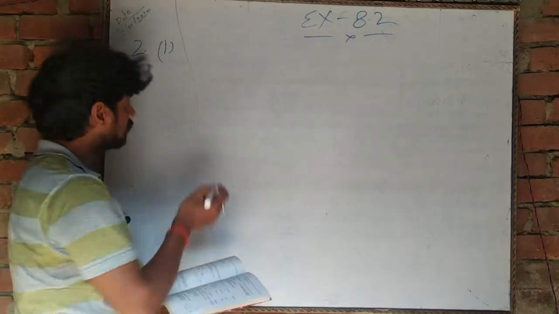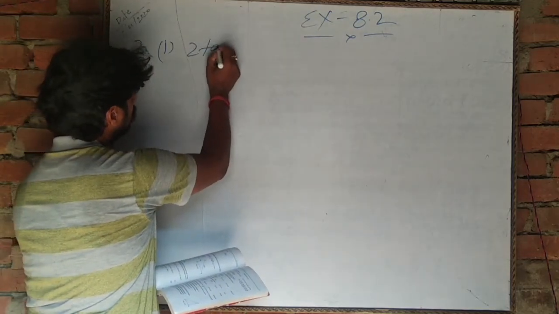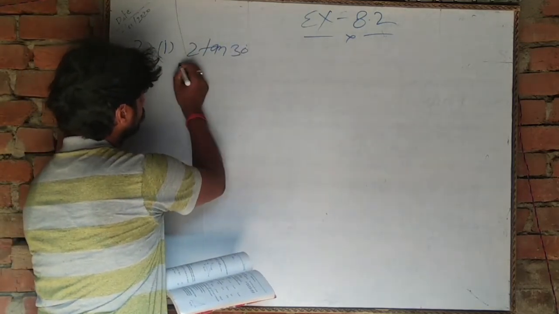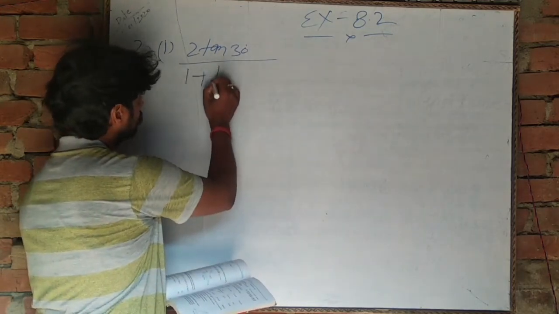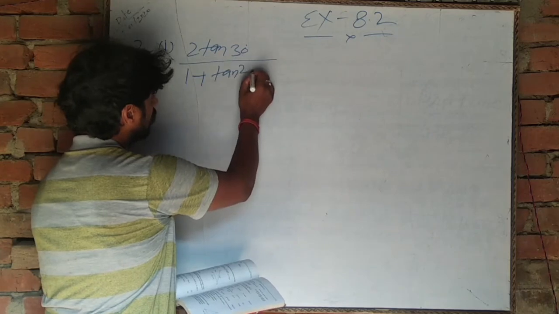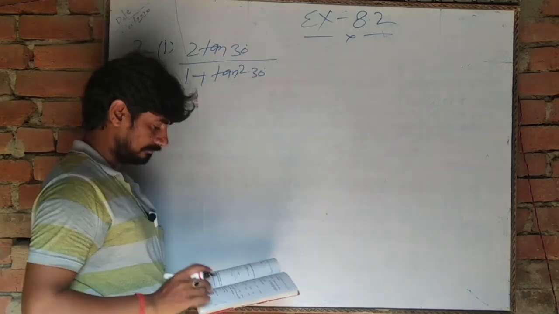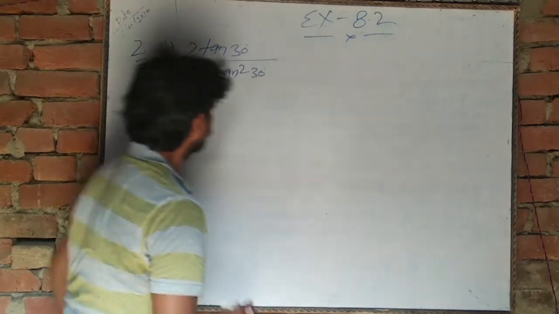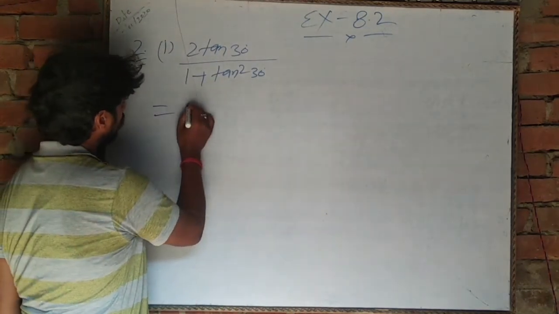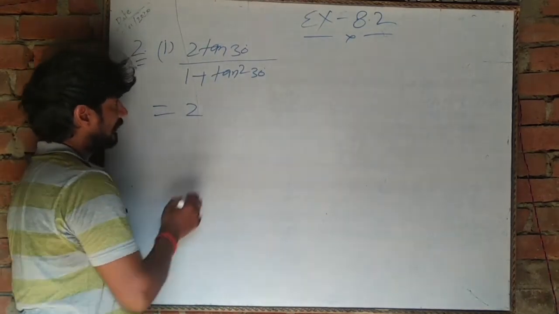It is given 2 tan 30 degree by 1 plus tan square 30 degree. Now we will write 2 tan 30.